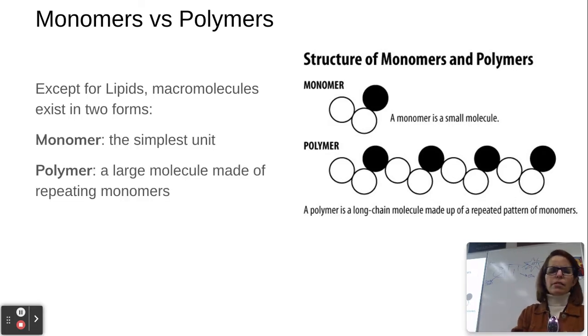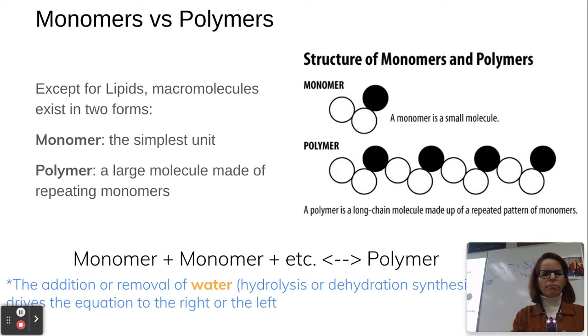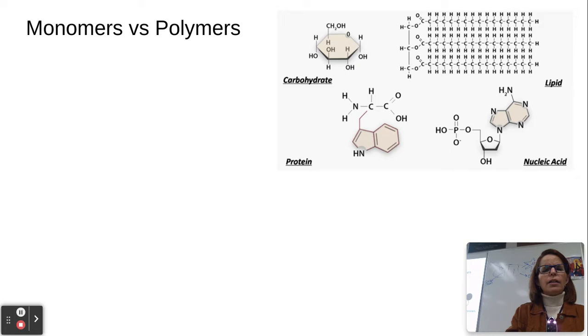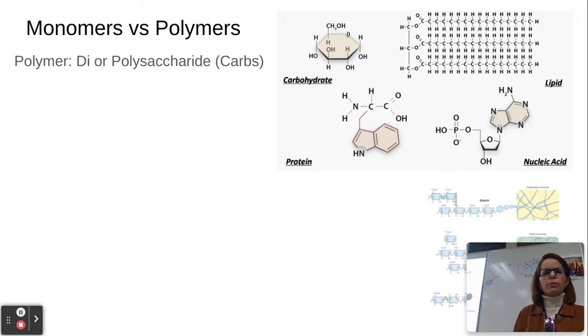So the monomer is the simplest unit and the polymer is the more complex unit. And they come together with dehydration synthesis, or they can be pulled apart with hydrolysis, which we will review in just a moment. All right, so let's just practice the monomers and the polymers.